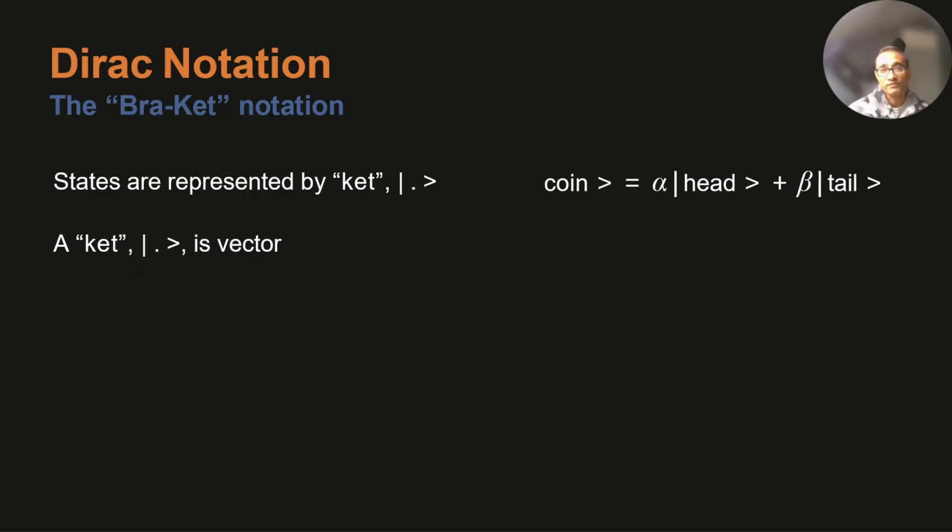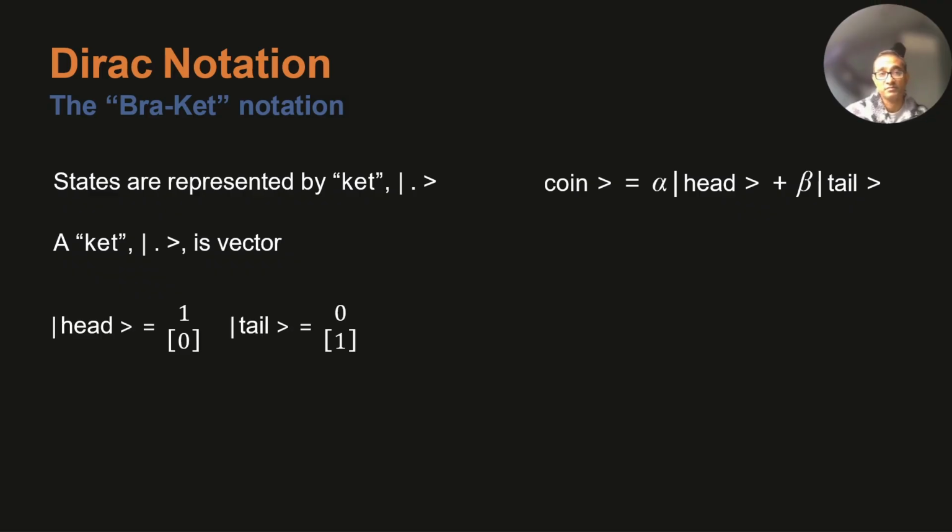So what we have gathered up until now is that the states are represented by ket, head and tail. A ket is a vector representation. For example, head can be called 1, 0, and tail can be called the vector representation of 0 and 1.